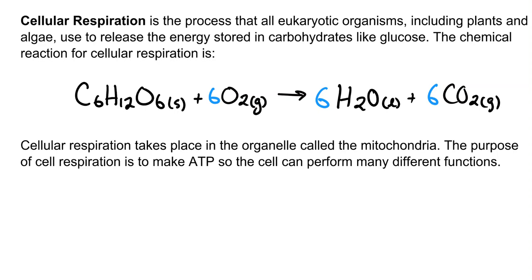The purpose of cell respiration: sugar like glucose and things like that, that's totally useless to us unless we can convert it into ATP. So this whole process is making ATP. We take ADP plus inorganic phosphate, and we turn it into ATP.